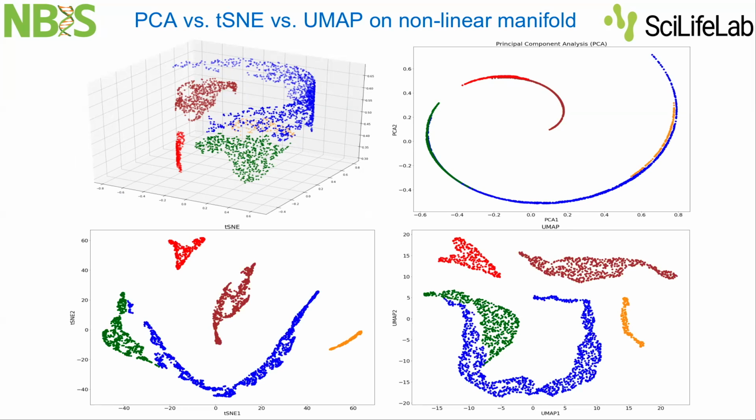TSNE and UMAP do a little better job, not optimal either, but at least you can clearly see all 5 continents. So that's another motivation why we use TSNE. Sometimes we work with such complex data that 2D PCA might not be good enough for our purpose.